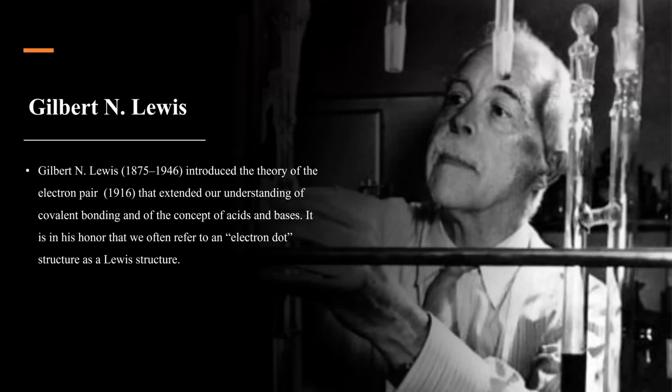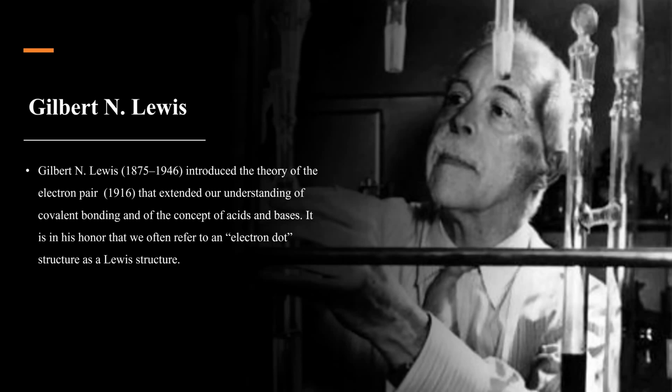This electron pair theory is the basic principle that extended our understanding of the covalent bond and of the concept of acids and bases, which are the Lewis acids and bases. In his honor, we often refer to an electron dot structure as a Lewis structure. They are both alternative terms.